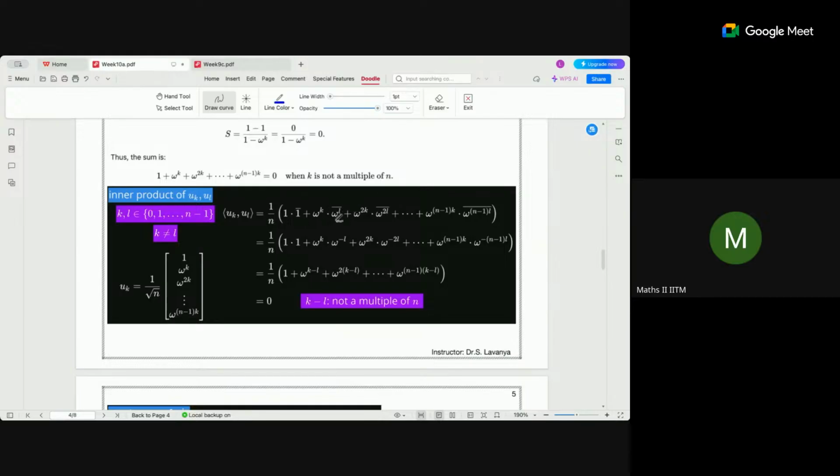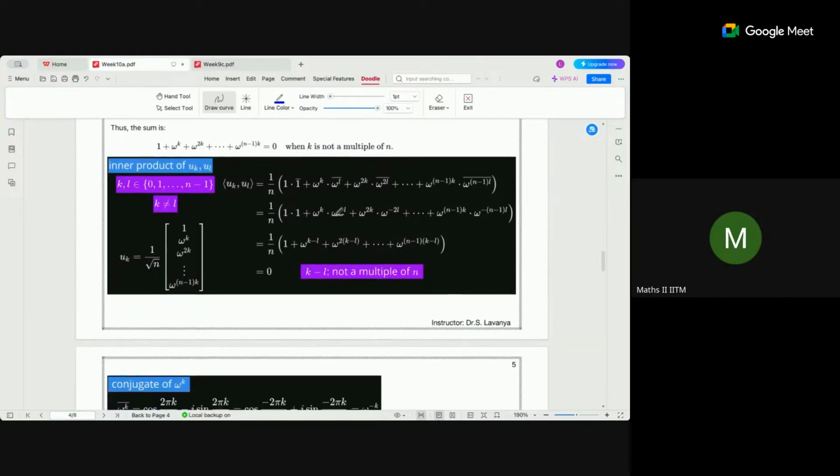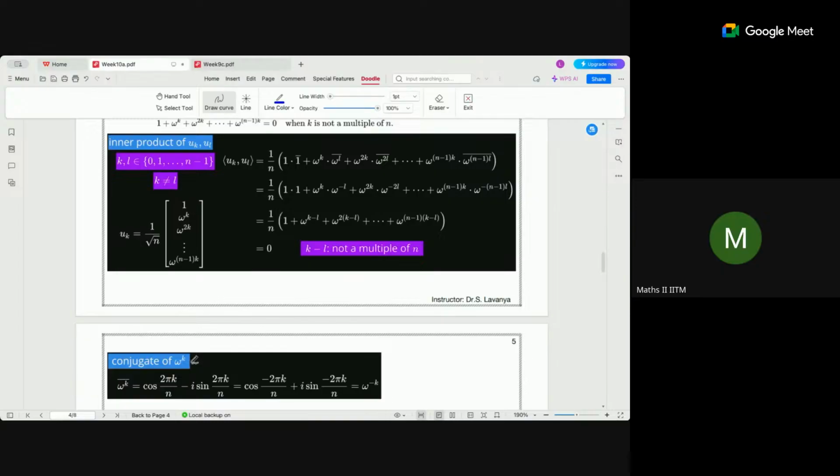And what is the conjugate? When you take conjugate, what will happen? Suppose you have omega power k, the conjugate is cos 2 pi k by n minus i sin 2 pi k by n. Now you know that cos of minus theta is cos theta only, it will not change. So instead of cos theta, I have taken cos of minus theta here, and sine of minus theta is minus sine theta, so I am taking this minus inside here.